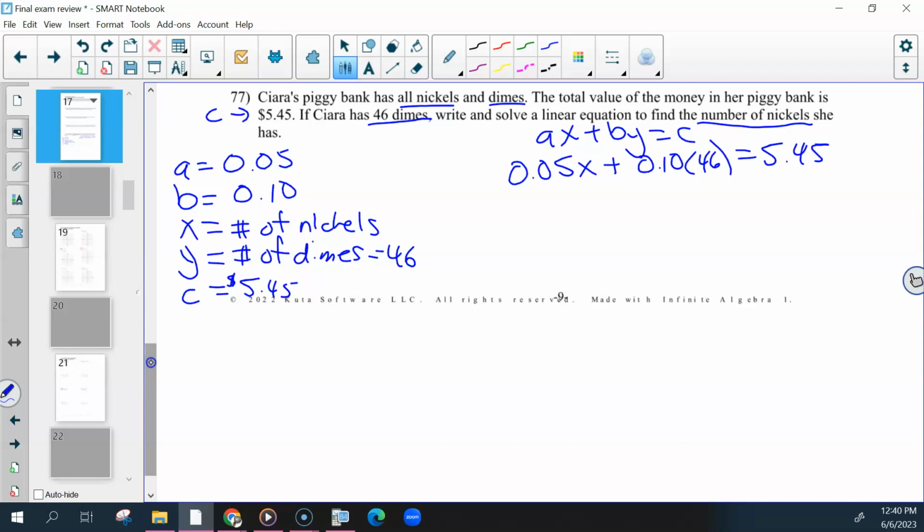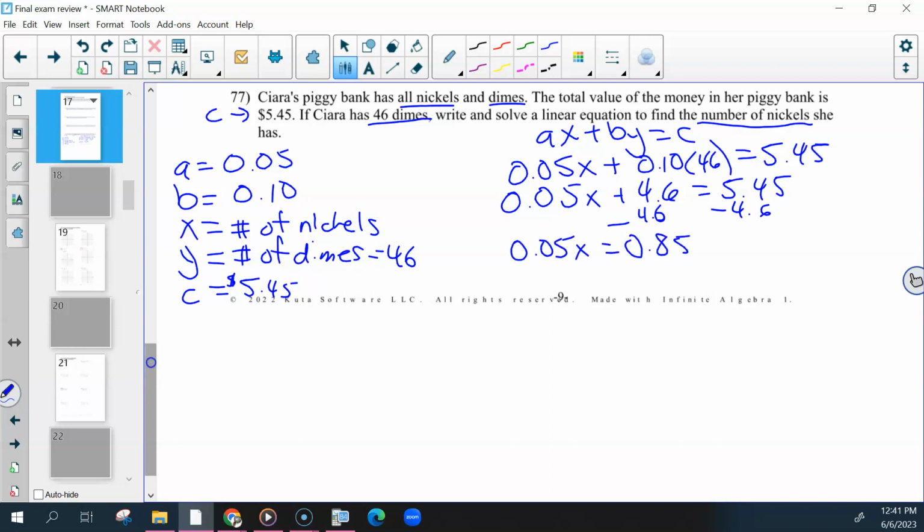Then you would start to solve for X. Multiply the 0.10 and the 46. 4.6. Subtract it on both sides. If you don't have your calculators, so grab that.